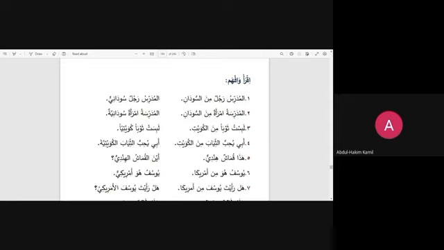Labistu thawban min al-Kuwait. Everything is understood, right? I wore a garment from Kuwait. There was a mistake on one of these. I said the next one should say labistu, and I think it says labisat.